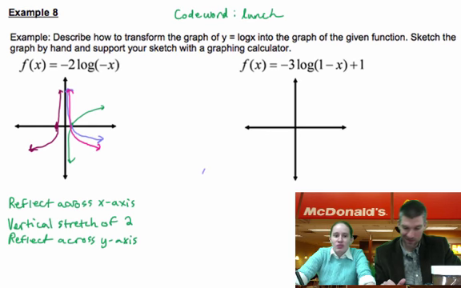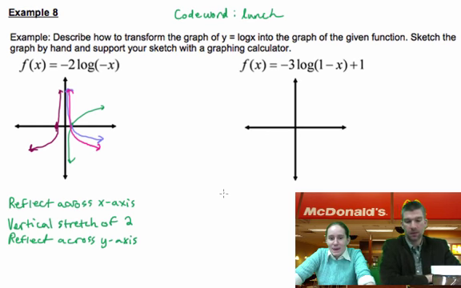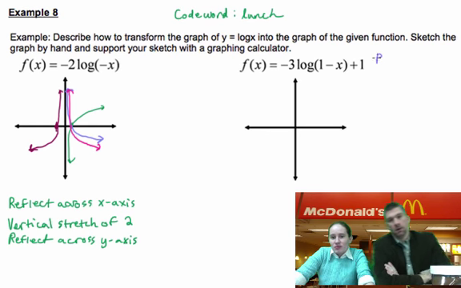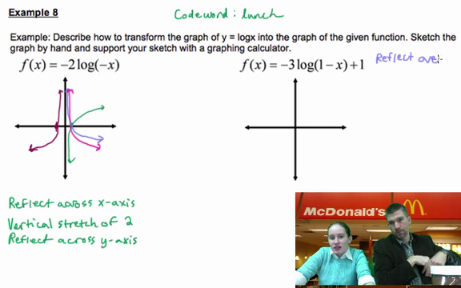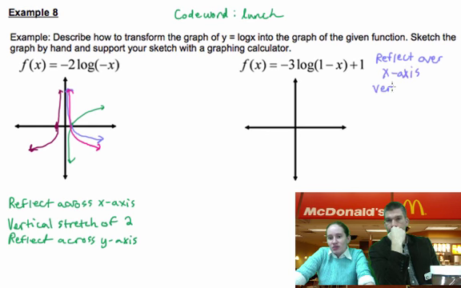All right, coming up, this one's a little trickier here. Okay, so what have we got? I'm going to start from left to right. We reflect over the x-axis again because there's a negative out there on the outside. We have a vertical stretch by 3.